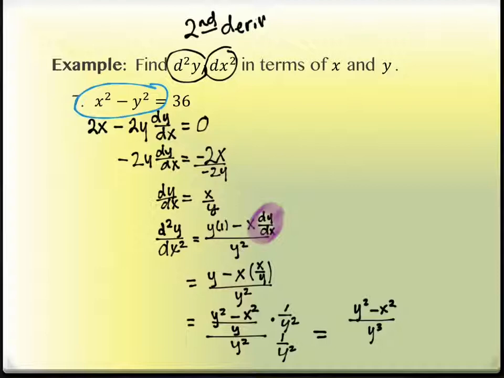Negative 36, that's right. So we thought we were done. It almost looked like we were, and in many cases we would be, but on this particular problem, it is negative 36 on top over the y cubed on bottom, and then we're done. It's not going to happen real often, but when it does, you have to notice it.